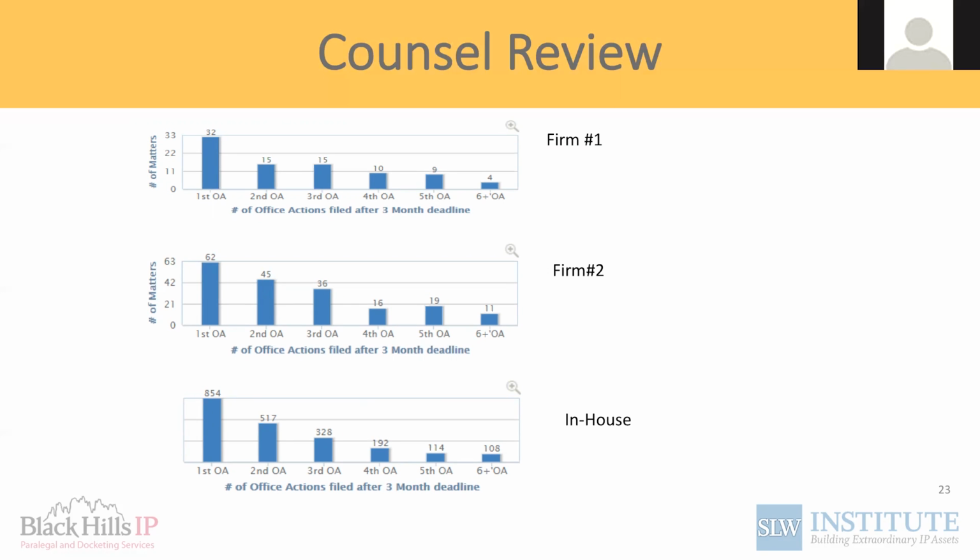So if you're starting to get big budget constraints, this is an easy place to attack by just putting in stricter controls with outside counsel. It's not going to cost you any more as far as attorney time, but you'll save a bunch of money on those extension fees. Absolutely.